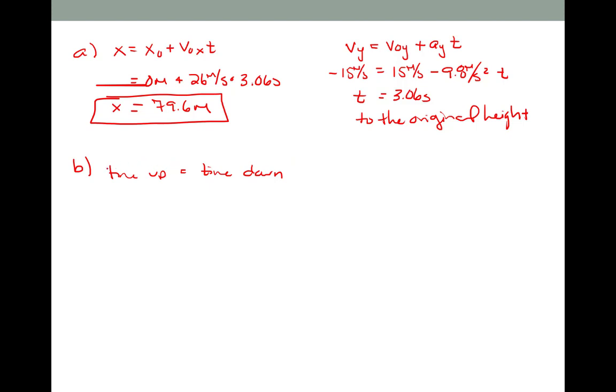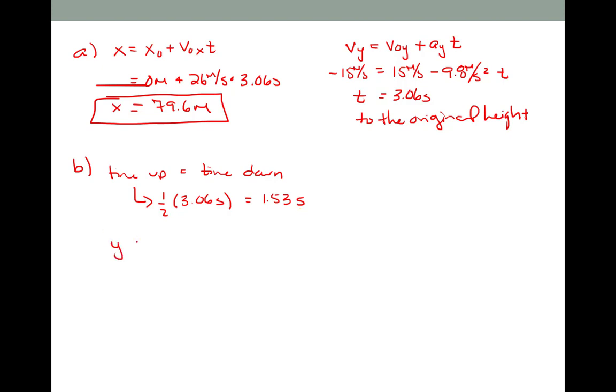This part of this problem is focused on going to the top. Well, because time up equals time down, that means that time up will be 1/2 the total time, which is 3.06 seconds, or, in other words, 1.53 seconds.